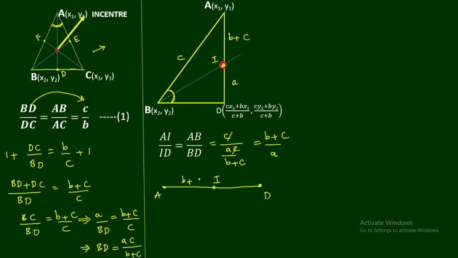So I is dividing AD in the ratio of b plus c is to a.